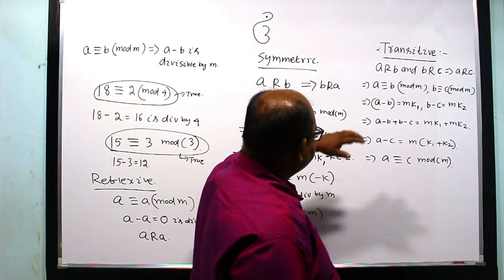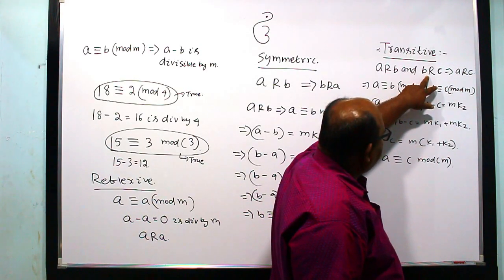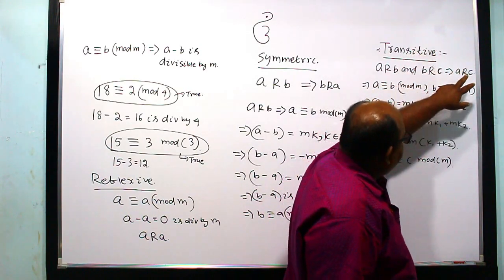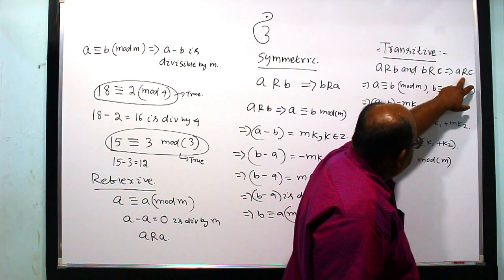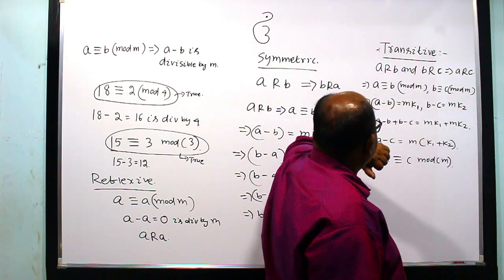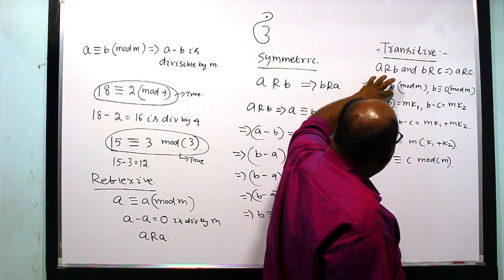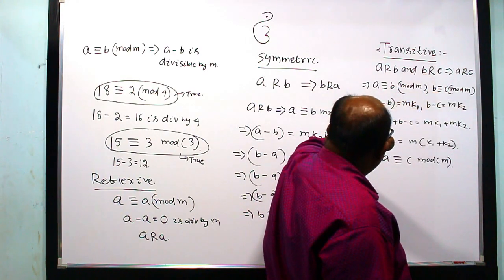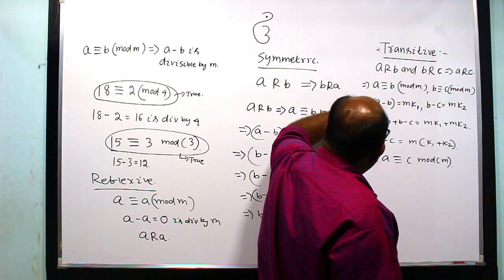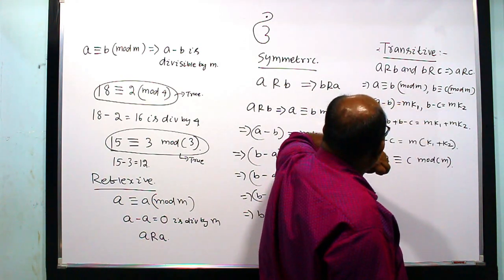Very simple: given A related to B and B related to C, we try to get A related to C, and if we get it, it is transitive. From A related to B, I can write A congruent to B mod M, and from B related to C, I can write B congruent to C mod M. Now A minus B is equal to MK1, B minus C is equal to MK2.